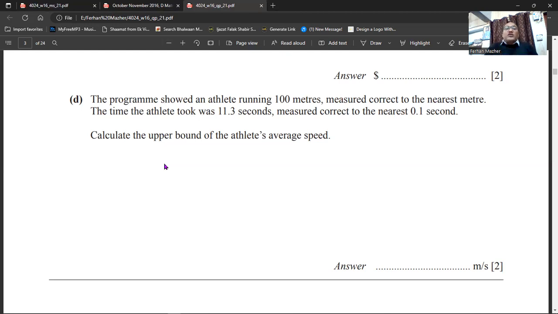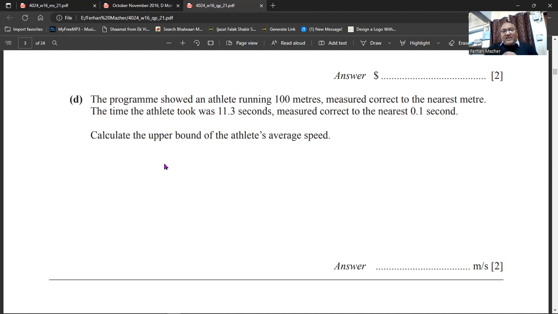The time he took to complete this journey was 11.3 seconds, and the time is correct to 0.1 seconds. So divide 0.1 second with the 2, you get 0.05 seconds. So when you will add 11.3 with the 0.05 second, you get the upper bound of the time. And 11.3 minus 0.05, you get the lower bound of the time.